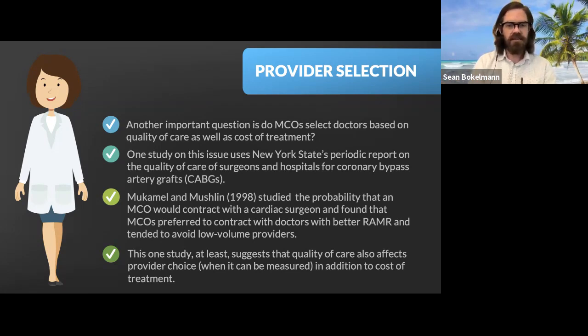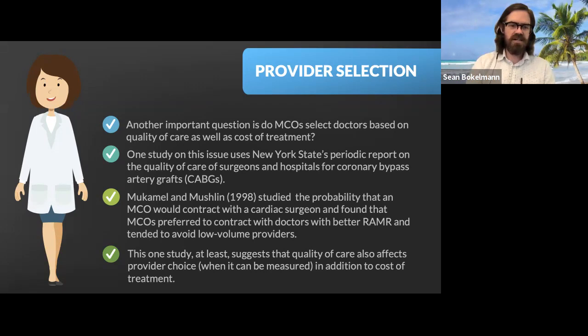But there was one study on this issue, and they used New York State's report on the quality of care of surgeons as well as hospitals for CABGs, coronary artery bypass grafts.